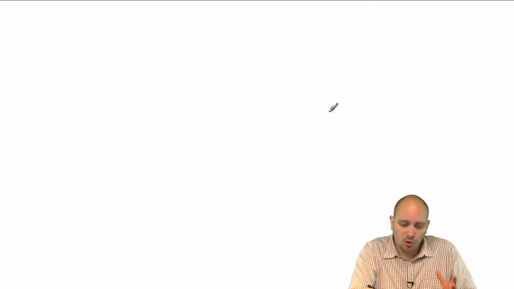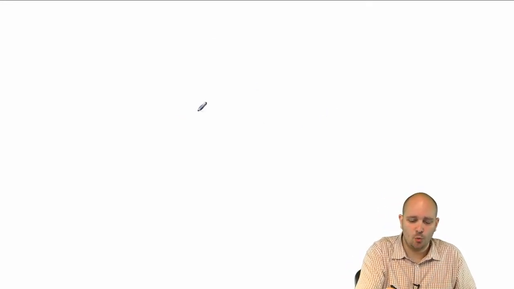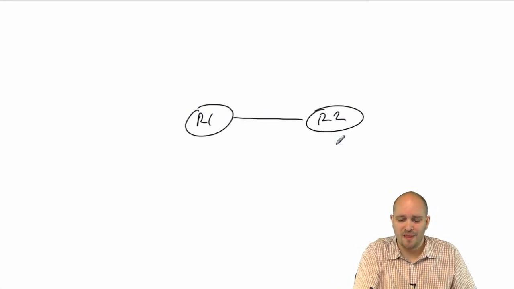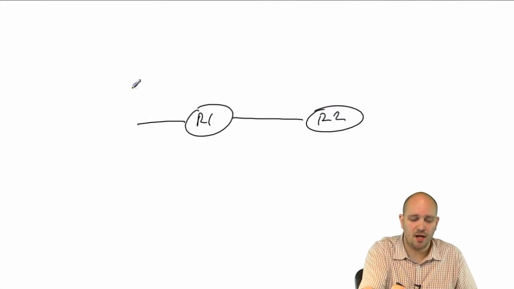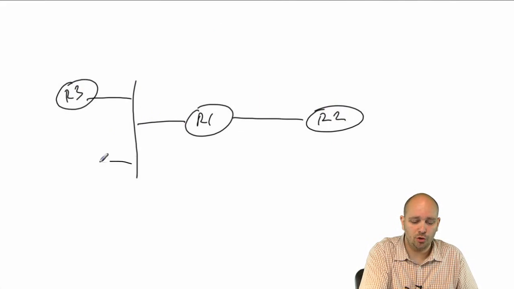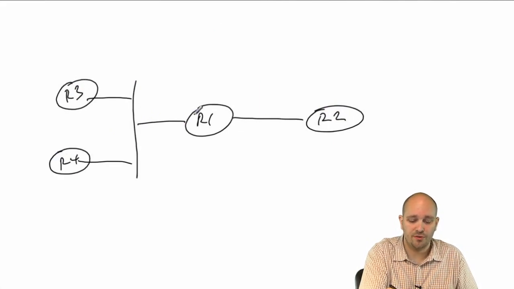Let's expand our example a little bit. So what we have so far is we have R1 and R2. Let's add R3 and R4 to the mix. And R3 and R4 are going to be on a shared segment with R1.